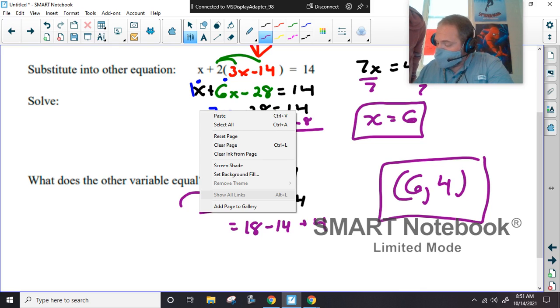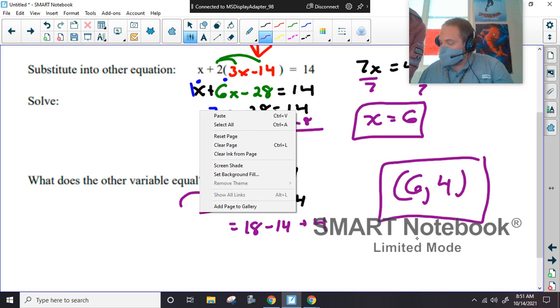That's how we eliminate this so we can solve it with one equation. No, x is 6, because see how it says 7x right here? That's when you had the wrong thing.